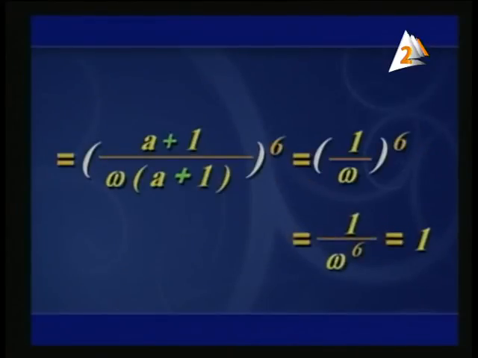Therefore, ((a + 1)/(ω(a + 1)))^6 equals (1/ω)^6 after cancelling a + 1 with a + 1, equals 1 over ω^6, equals 1.